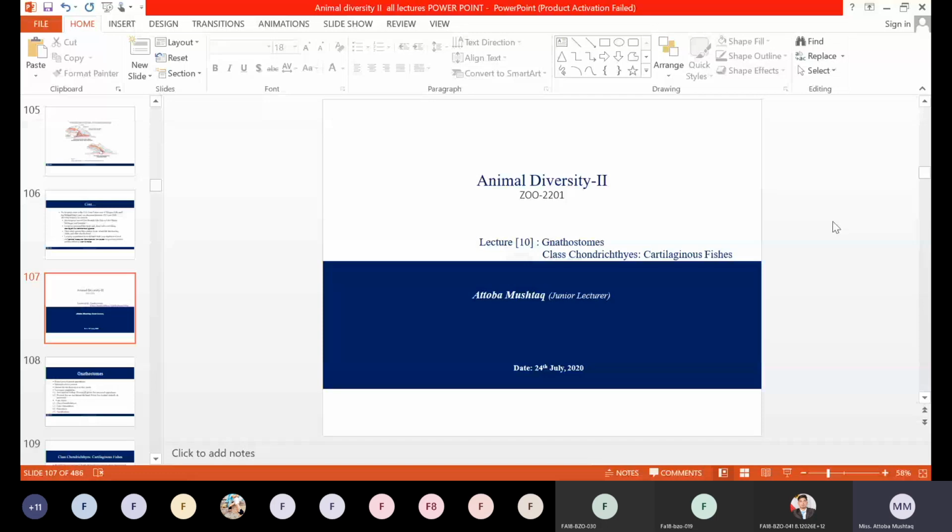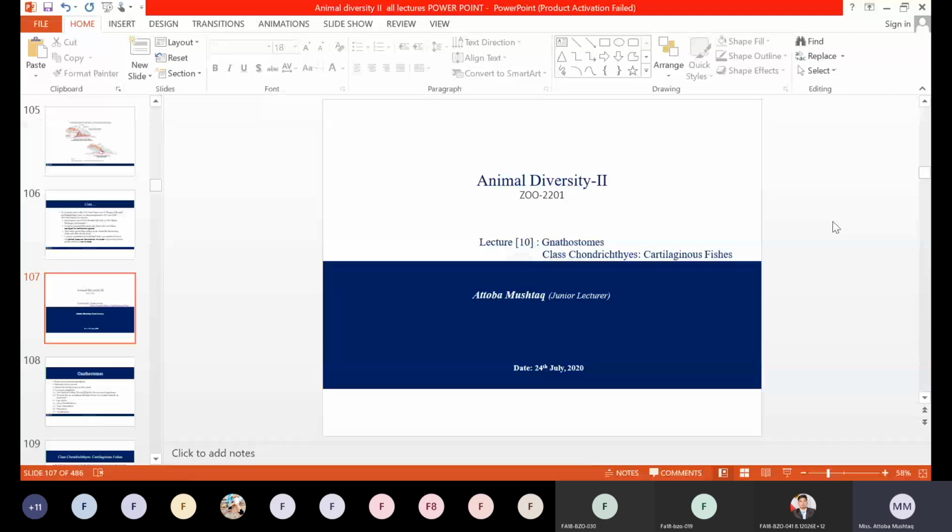Basically, they have two further classes: class Chondrichthyes, which are known as the cartilaginous fishes, and the next class is class Osteichthyes, which includes bony fishes, right? So today we will discuss some general characteristics of gnathostomes, and then class Chondrichthyes, which has some subclasses like Elasmobranchii and Holocephali. Okay.